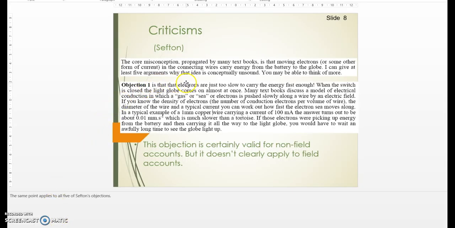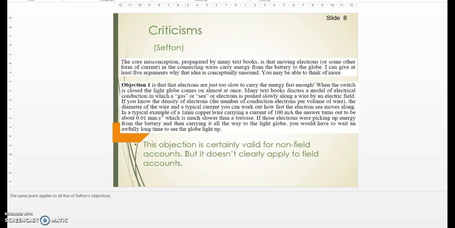So his first objection is that electrons are just too slow to carry the energy fast enough to a light bulb. Okay, so he's reflecting here on the drift velocity of the electrons. And that is true. My response is that's a problem if you are not invoking electric fields to explain where the potential energy is stored. But if you are invoking electric fields, then you can explain on this model how the light bulb lights up immediately.